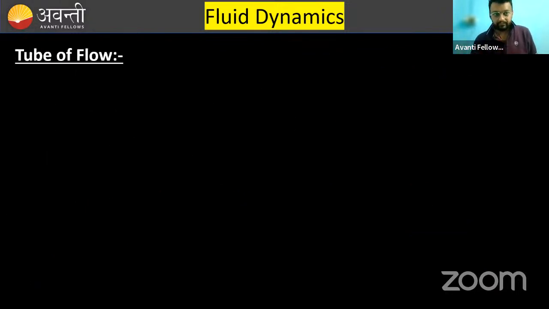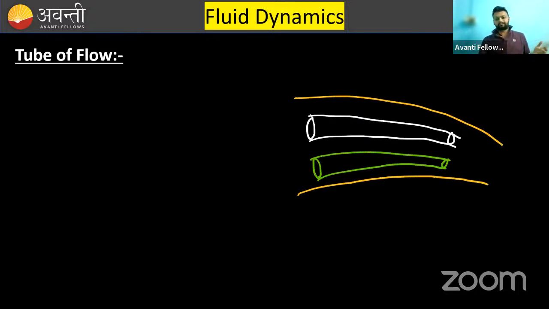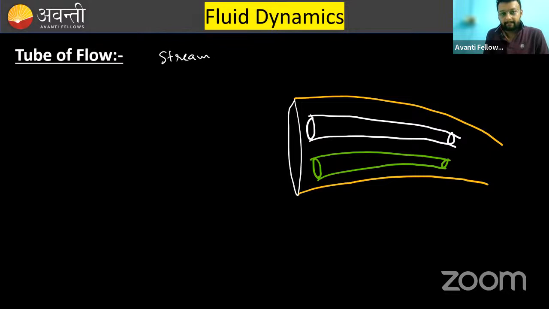Now, moving further, tube of flow. This is again a very simple thing. For a streamline flow, consider the situation. Suppose this outer portion is a larger pipe in which liquid is flowing in a streamline flow.